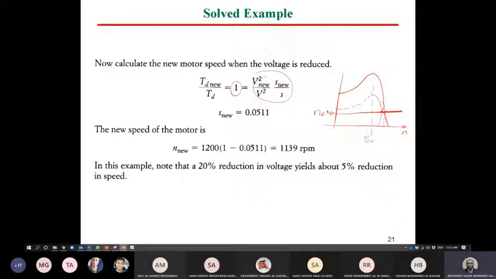So we can say 0.8 V over V old squared, multiplied by S new, which is required, over S old, which we have calculated previously. S old was 0.0327. This equals 1, so you can get S new easily.